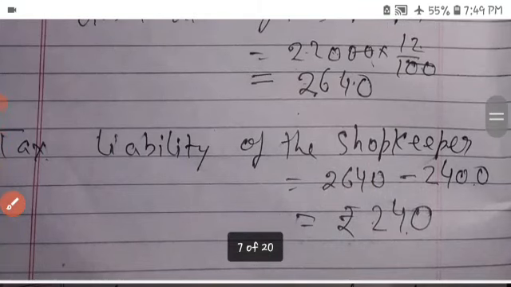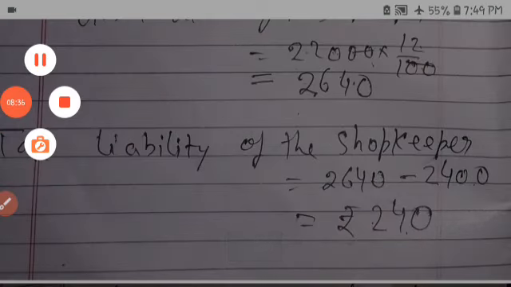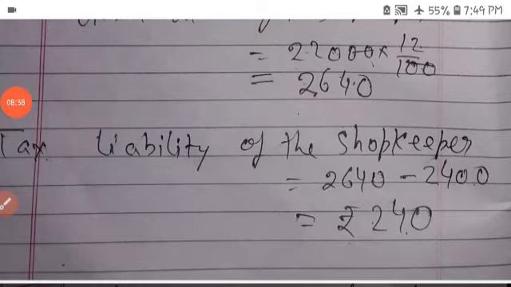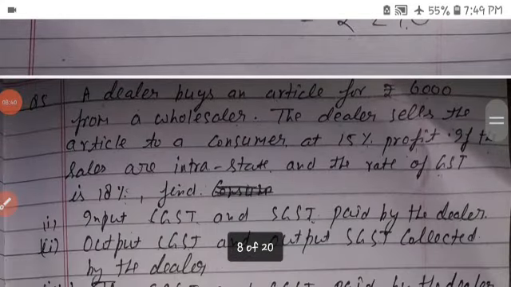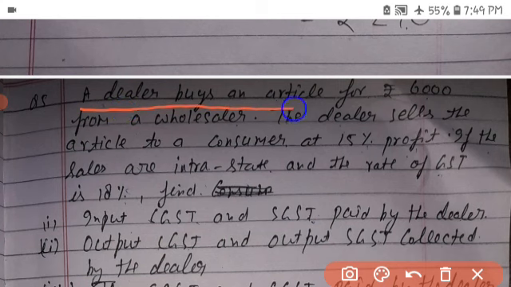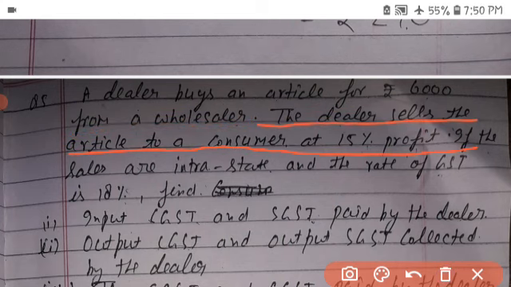Okay children, this video is not over. Look here. Question number 5. A dealer buys an article for rupees 6,000 from a wholesaler. The dealer sells the article to a consumer at 15% profit.